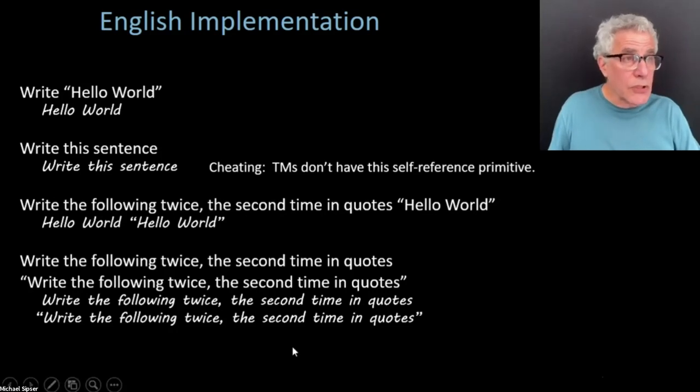Now, following those instructions, you get: write the following twice, the second time in quotes, so that comes out here. And the second time you put it in quotes, just like you did with the hello world. But the output is exactly what the input was.